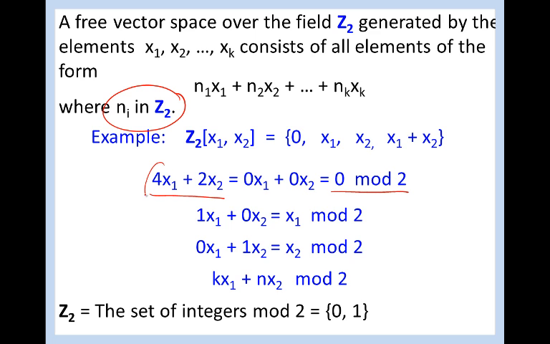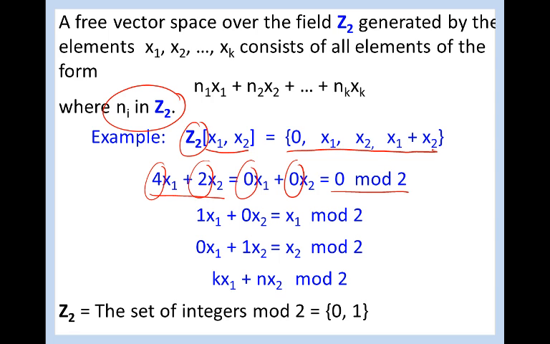Since both 4 and 2 are even, they are both equivalent to 0 mod 2, and so we just get 0 mod 2.